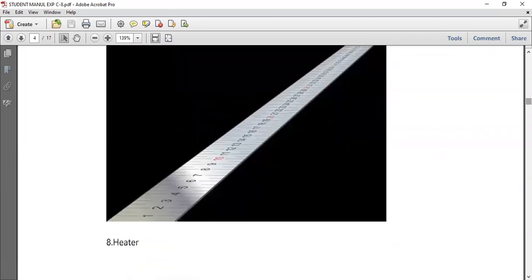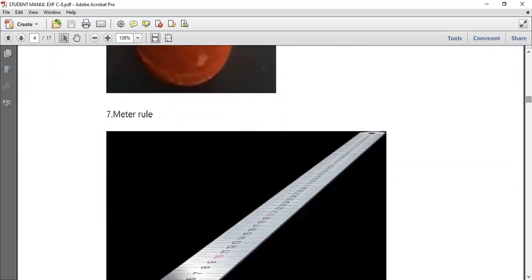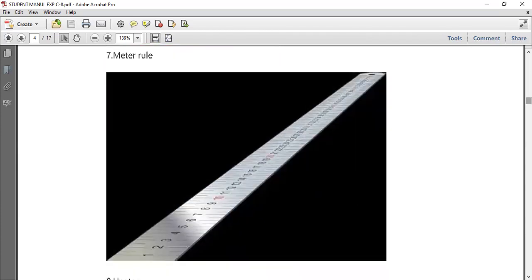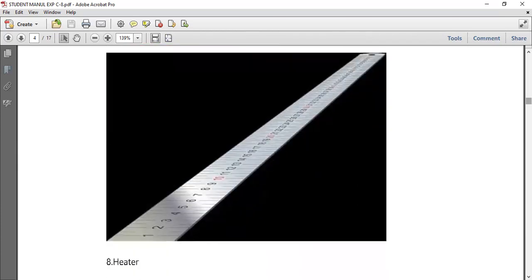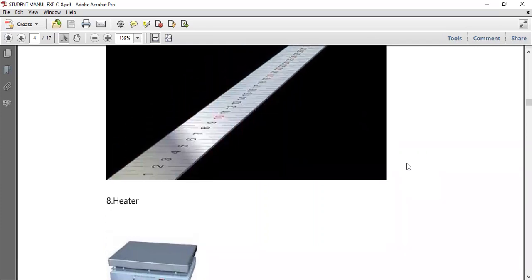Meter rule will be used to take the initial measurements, the initial length of the metal rods before they are fixed into the metal tube. And also it will be used to take the final measurements of the metal rod after it has expanded.